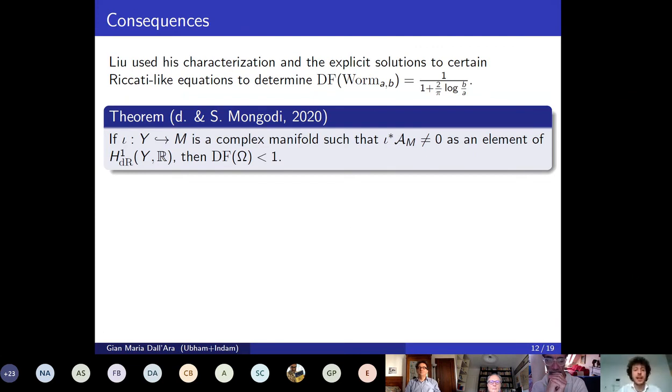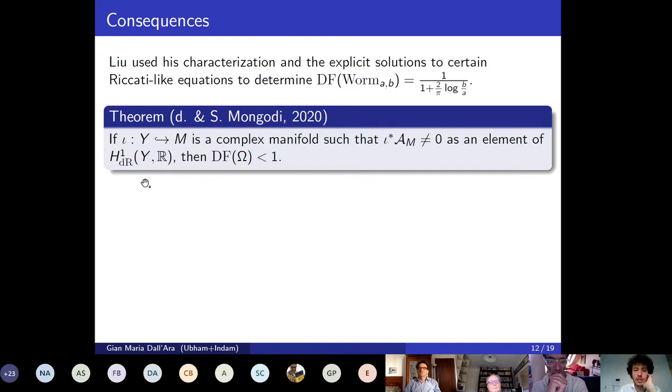The result just says that whenever you have a complex manifold in the boundary such that the pullback of the D'Angelo class is non-trivial as an element of the cohomology of your manifold Y, then the Diederich-Fornaess index is strictly less than 1. So remember that a of m is the D'Angelo class, and when you pull back along a holomorphic mapping, such as the inclusion of a complex manifold in the boundary, then you get a cohomology class.